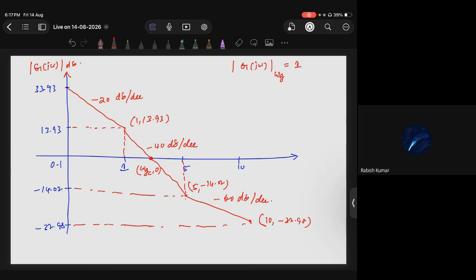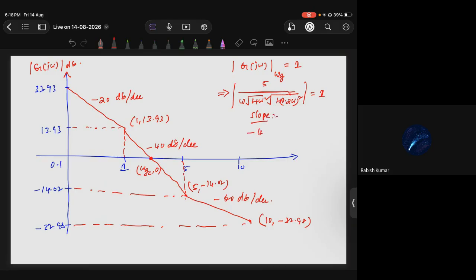If you substitute it, whatever the magnitude you have, that is 5 by omega root over 1 plus omega square, root over 1 plus 0.2 omega whole square, equal to 1. Or you can find it using the slope also. What is the slope here?